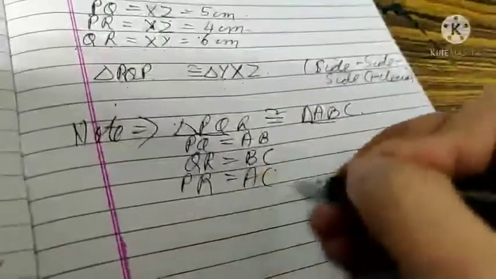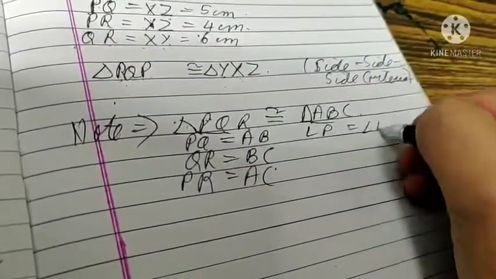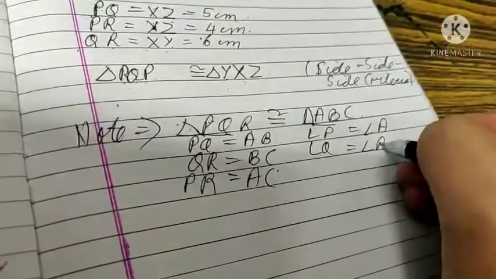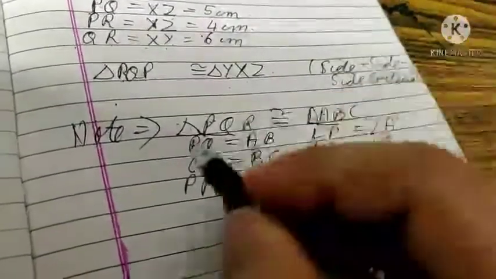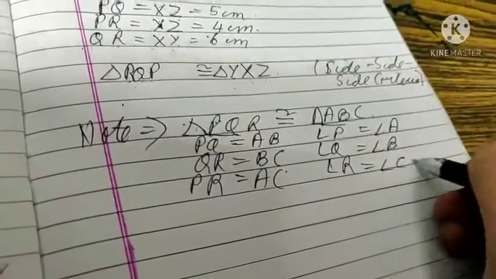And angle P will be equal to angle A, angle Q will be equal to angle B, the corresponding corners, and angle R will be equal to angle C.